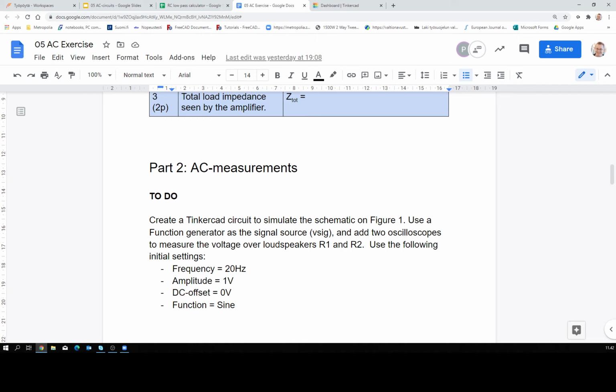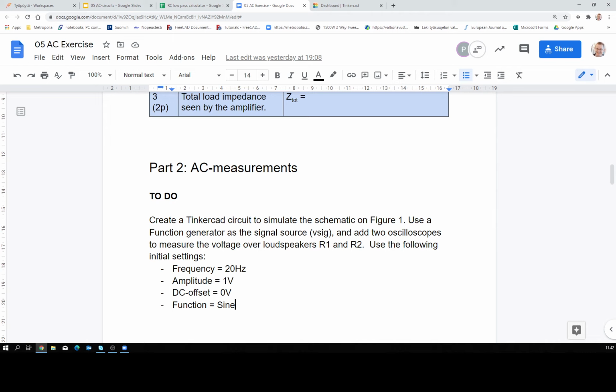I had my own amplifier design schematic, and I showed it to my supervising professor and asked, what do you think, does this one work? And he said, Antti, electronics is an experimental science. Go to the laboratory and try it yourself. The same thing actually applies here.